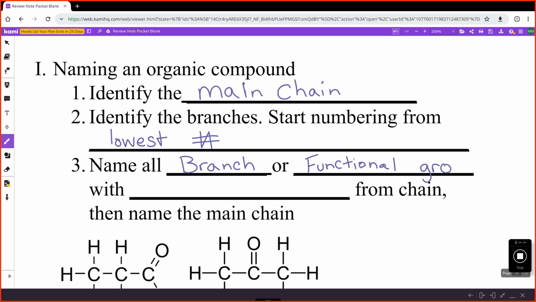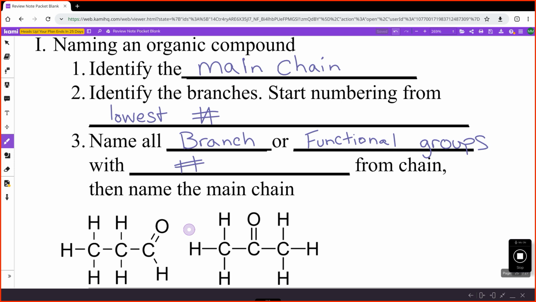See, if I start to write a little bit faster, that's what happens. Okay, we name any of our functional groups with the corresponding number that we just did in number 2. Whatever way we're numbering, that's the way we have to go. And then you name the main chain.